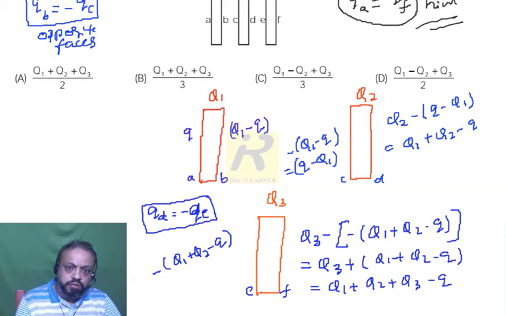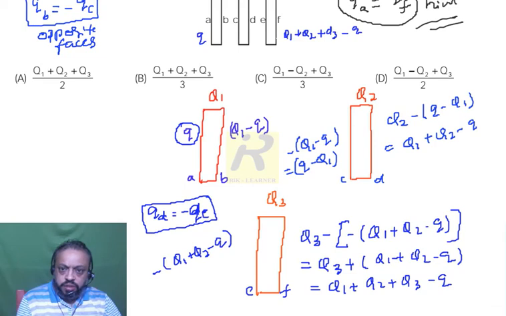Now, what I said in the beginning: the amount of charge on the first plate on side A is what I assumed, Q. And the charge on face F is Q1 plus Q2 plus Q3 minus Q. Now we have to add all those things together to get the final answer.